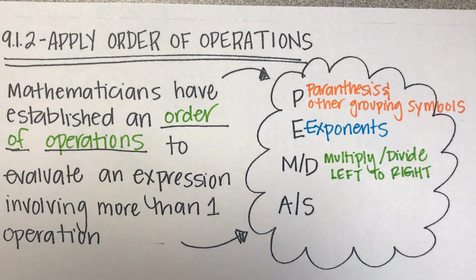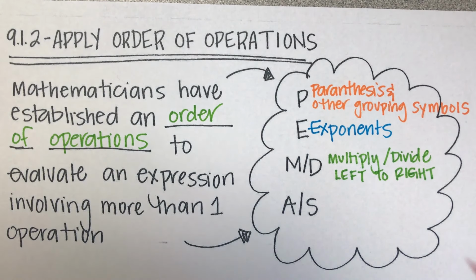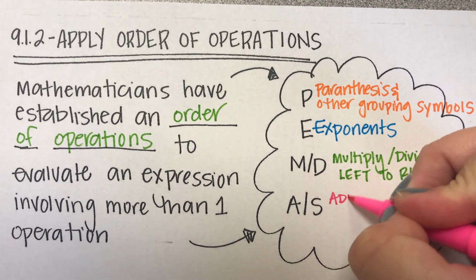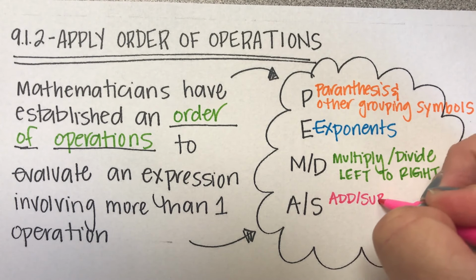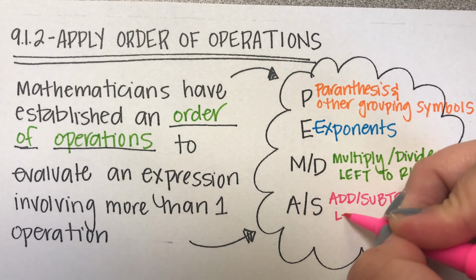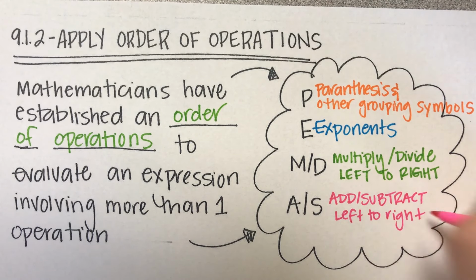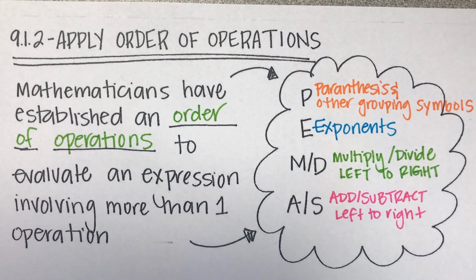It's just whichever operation comes first in order, like reading our problem. And then the last step is to add and subtract. And again, we're going from left to right. Okay, so parentheses and other grouping symbols, exponents, multiply, divide, left to right, add or subtract, left to right.